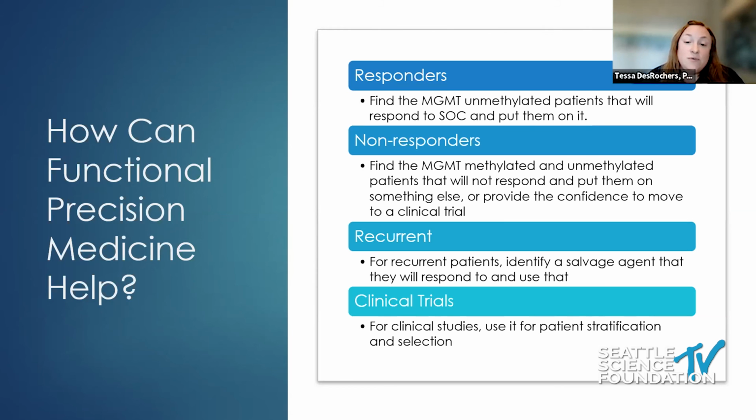Very, very rarely do we find a patient that responds to absolutely nothing. For recurrent patients, you can identify salvage agents that they will respond to and use that. We've seen that happen numerous times, very successfully. And then for clinical studies, you can use it for patient stratification after validation of the assay for those drugs.